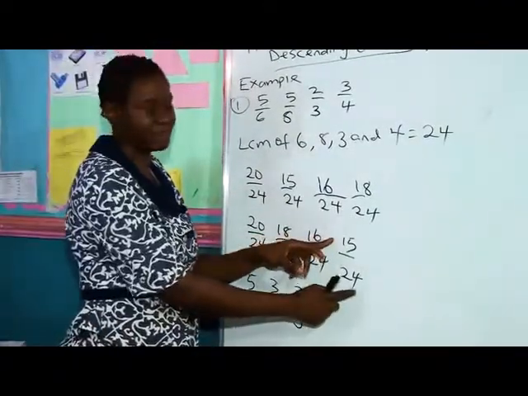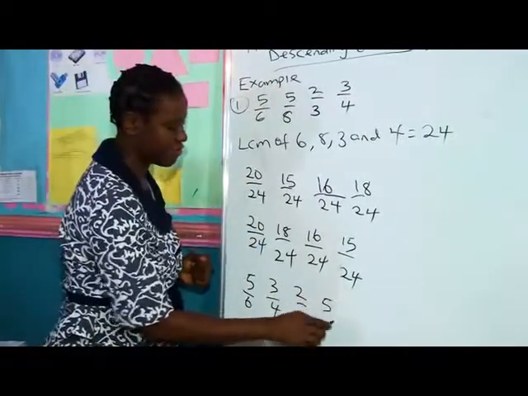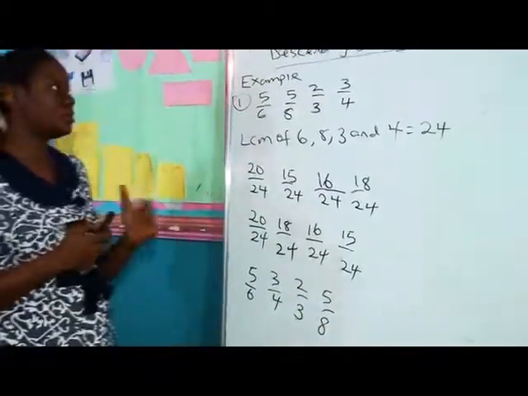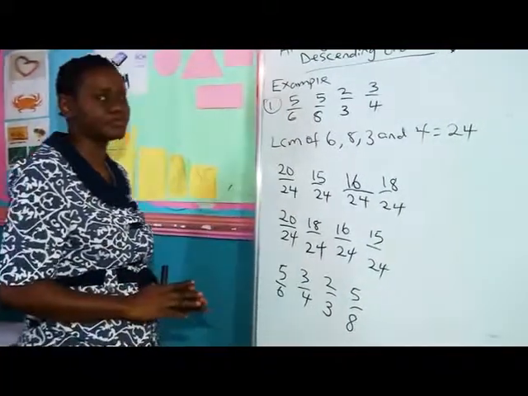Then 15 over 24 is 5 over 8. We have been able to arrange these numbers in descending order.